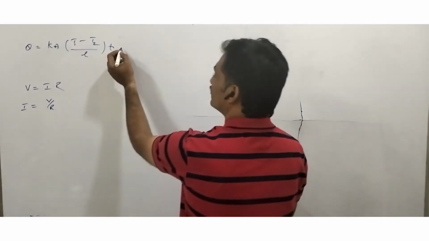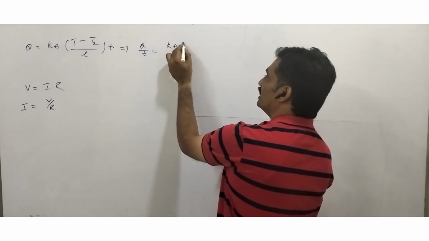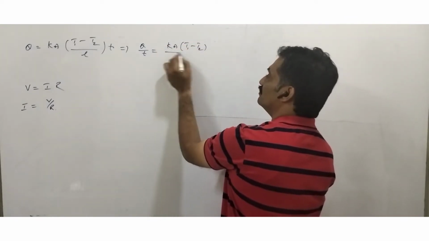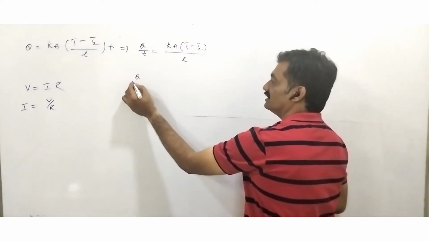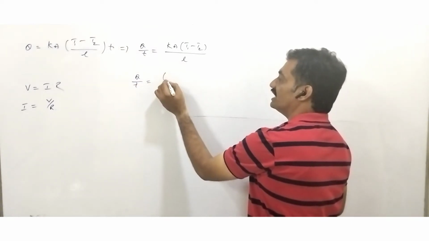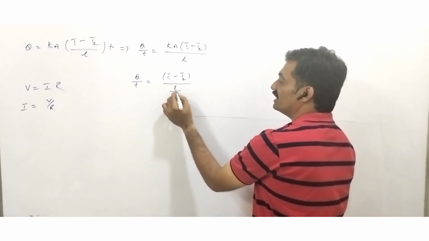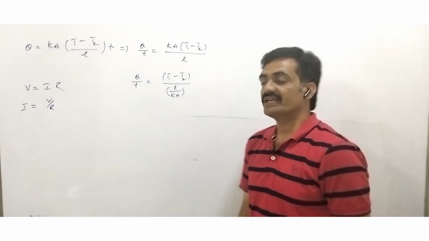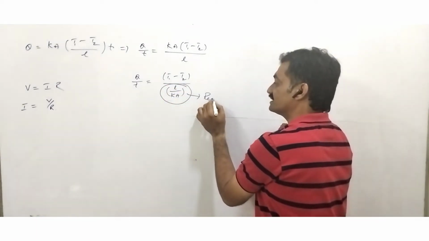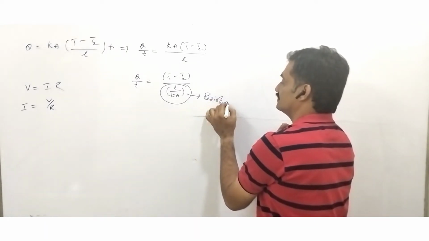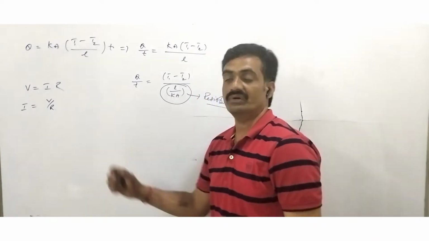In the same way, when we consider the equation Q by t equals K A into (T1 minus T2) by L, and bring K A to the denominator, the equation can be represented as (T1 minus T2) divided by L by K A, where L by K A represents the resistance to the flow of heat through the body.